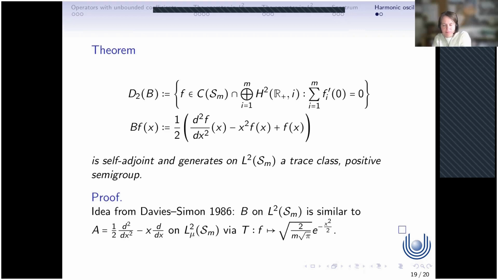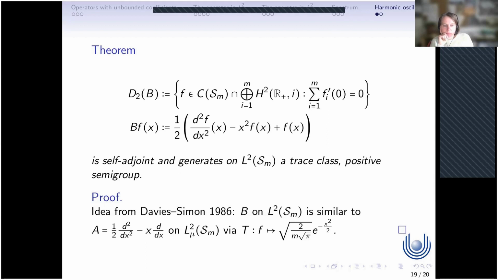It's about studying harmonic oscillator on metric graphs. So typically, when you work on metric graphs, you study simply the free Hamiltonian, so just second derivative. But of course, if you study metric stars, or in general infinite graphs, then you could even think of adding a potential, an unbounded potential, and see what happens.